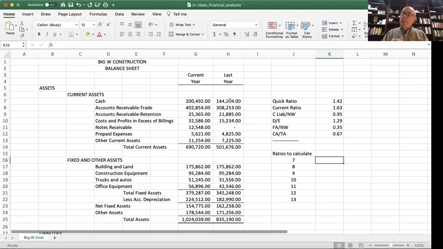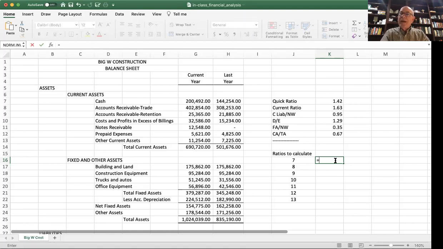so therefore, when we use a number from the balance sheet in these ratios, we use an average of last year and this year. So I'm going to do number 7 for you. What a gift. So again, the numerator of number 7, which is collection period without retention, is the accounts receivable.